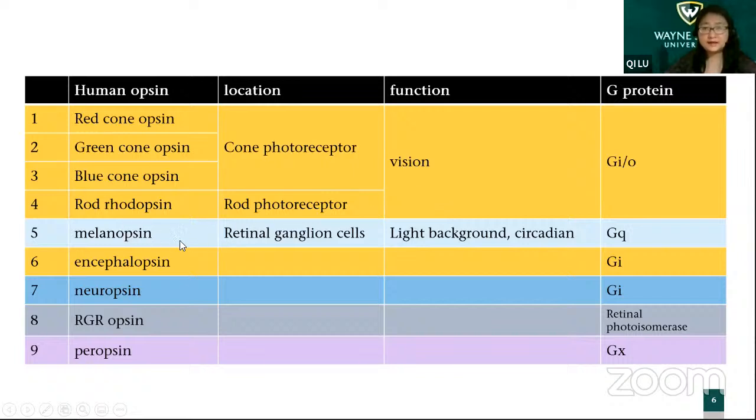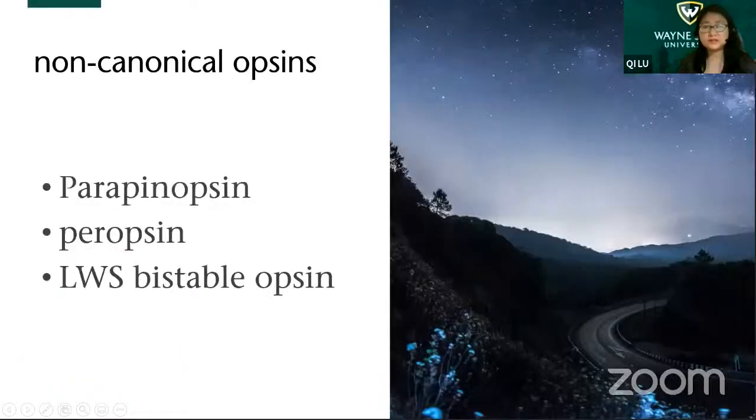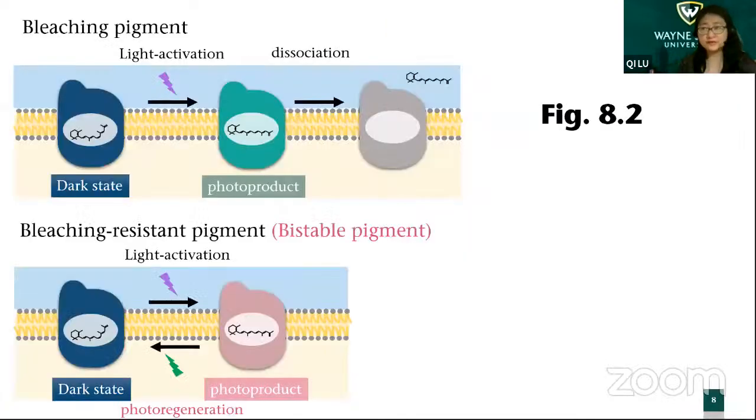Melanopsin is in retinal ganglion cells and is related to circadian function. And the others are what we're going to talk about today: parapinopsin, peropsin, and the long wavelength sensitive bistable opsin. Each of them is very unique.